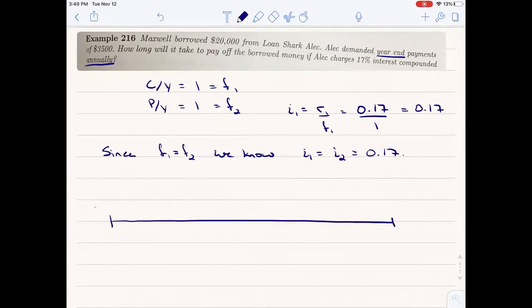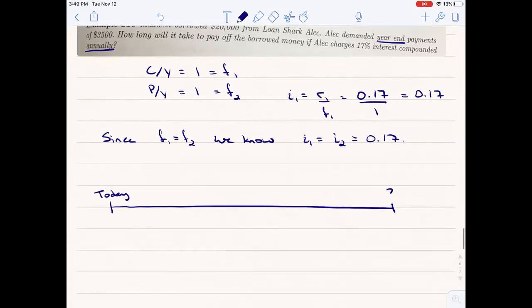Well, we start today, and we want to know how long it is going to take to pay it off. We know we're going to make yearly payments, so here at 1 year, 2 years. I want to see the first 3 ticks and the last 2 ticks.